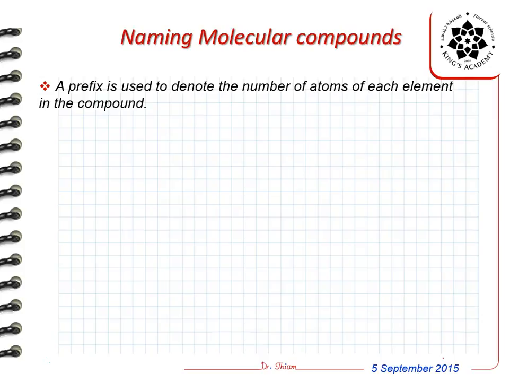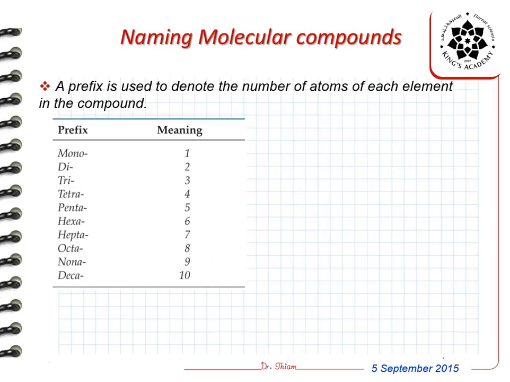How do we name them? Well, here's how. There are a few rules that we need to follow. The first one says we must use a prefix to denote the number of each element, to indicate the number of atoms of each element present in the compound.